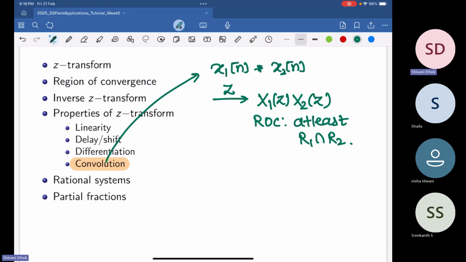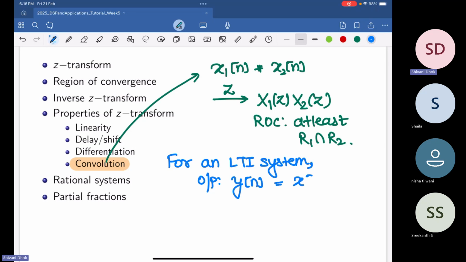Then we said that for an LTI system, the output y of n is given by x of n, my input, convolved with h of n, and this h of n is the impulse response.